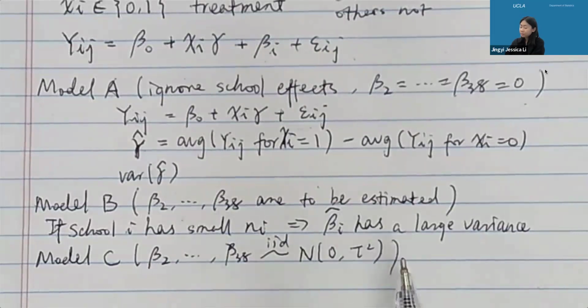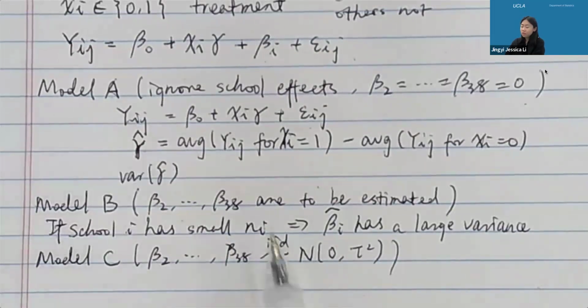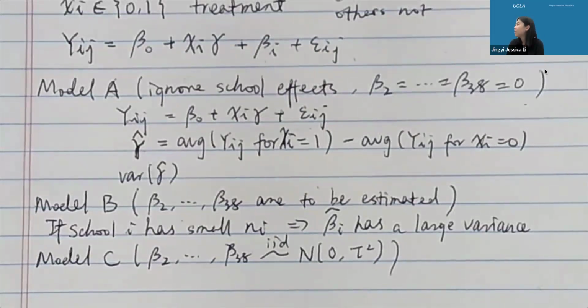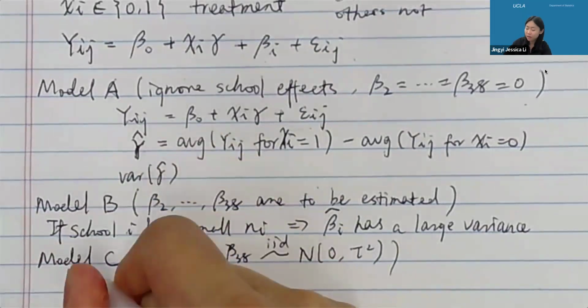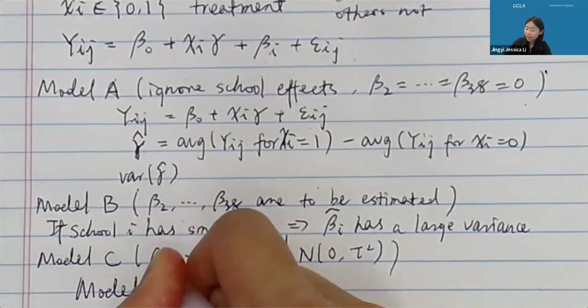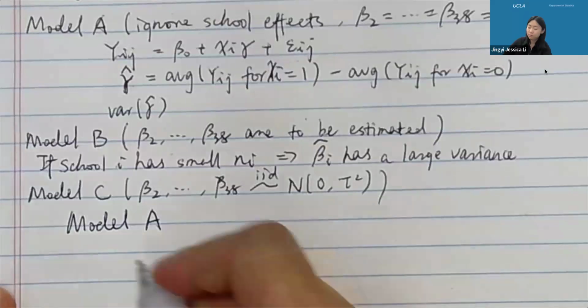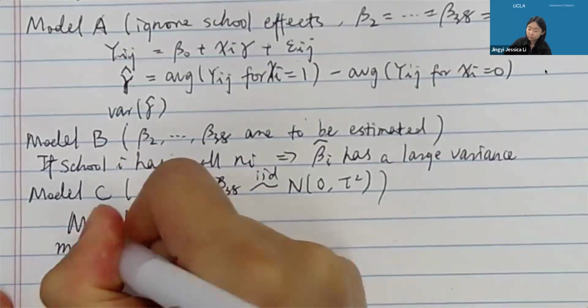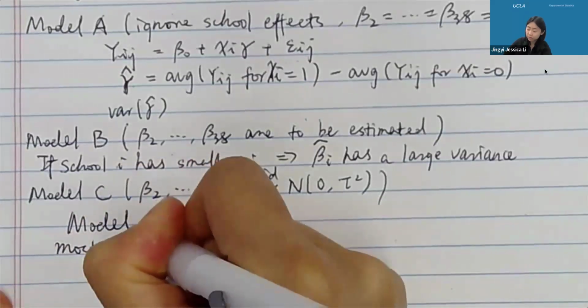And compared to model A, you still allow these beta 2 to beta 38 to be different. You didn't force them to be the same. So it's kind of in the middle. Okay, and that's the nature of empirical Bayes. It's a middle point between model A and model B. And this principle, so I have the relationship: model A is the most restrictive.